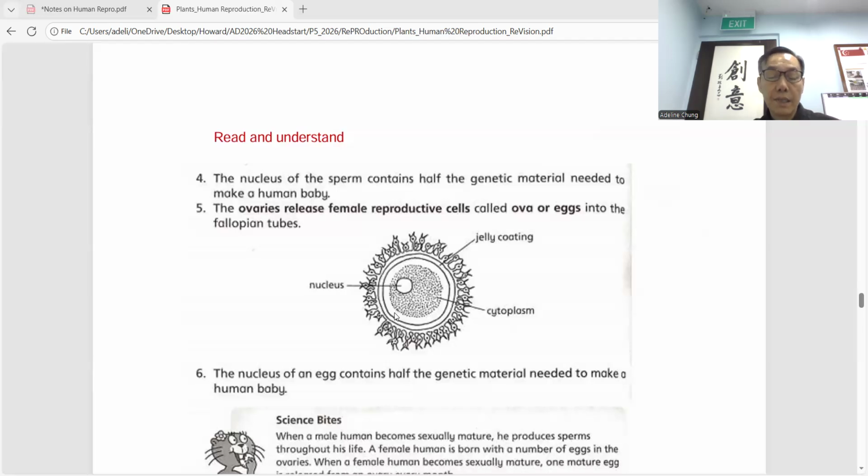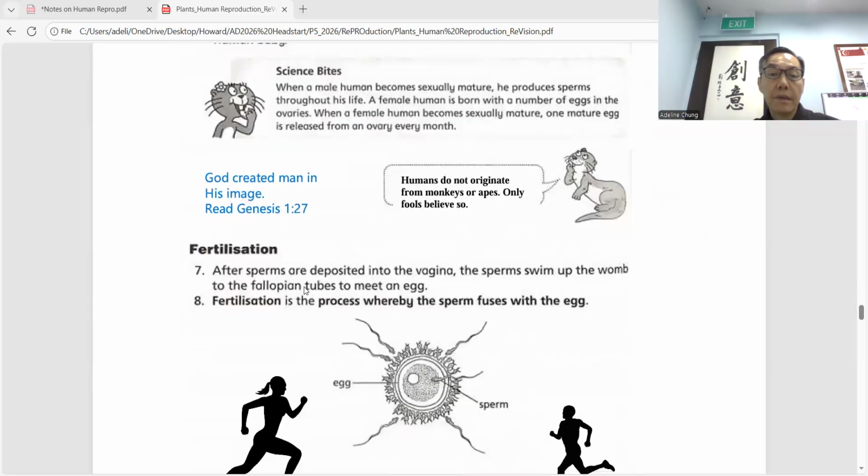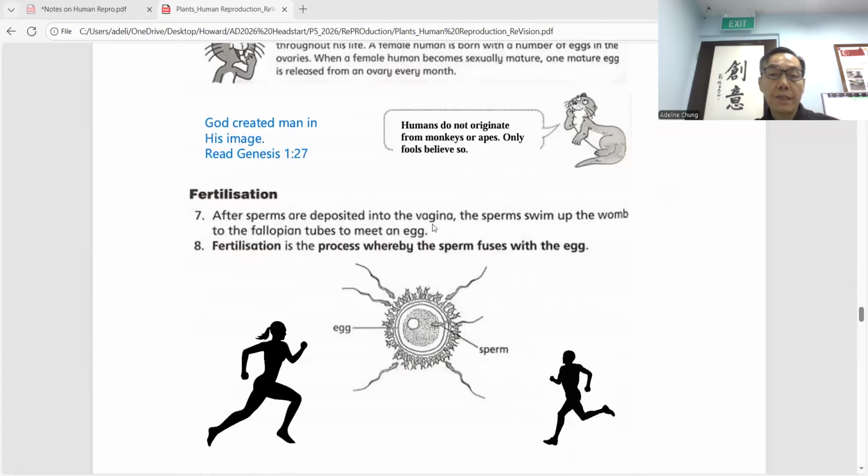What I'd like to highlight is that during fertilization, many sperm will enter the vagina and swim up to the womb, to the fallopian tube, to meet the egg. So what is the fallopian tube?